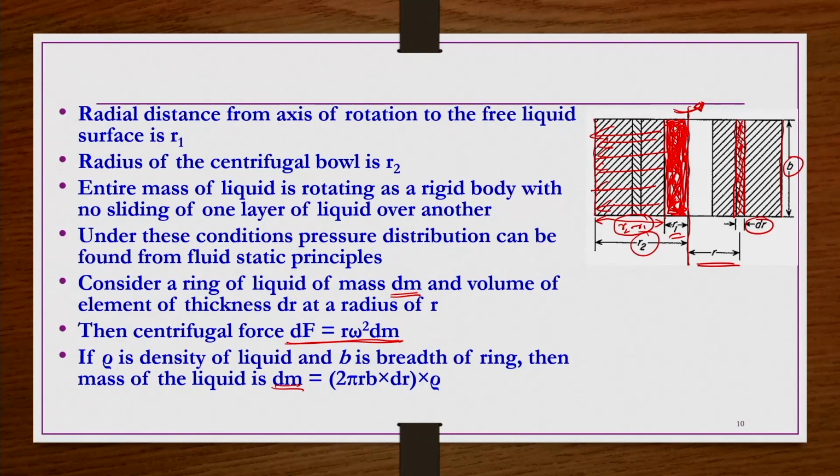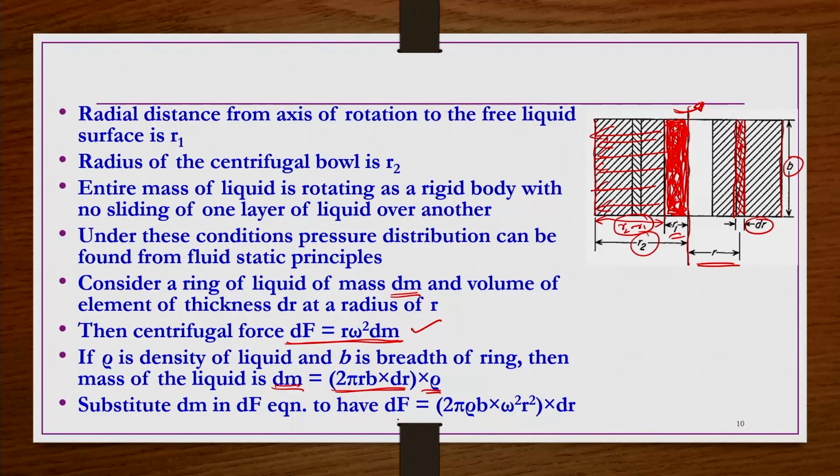The volume of that ring of thickness dr is 2 pi r b dr, and if you multiply this by the density, you get the mass of the liquid in that ring. So dm equals 2 pi r b dr rho. Now substitute this dm into the equation, and you will get dF equals 2 pi rho b omega square r square dr.